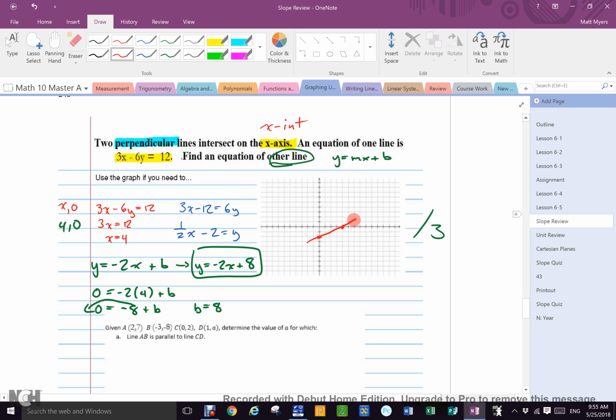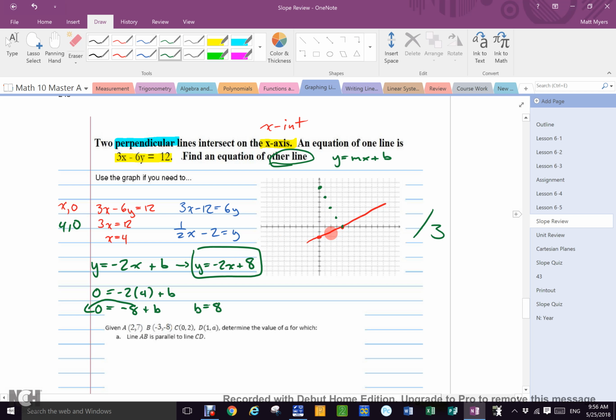So I could draw that line, which has a slope of positive 1/2, which means the other line must go through there and have a slope of negative 2, up 2 over 1, up 2 over 1. There's the y-intercept of positive 8 with a slope of negative 2.